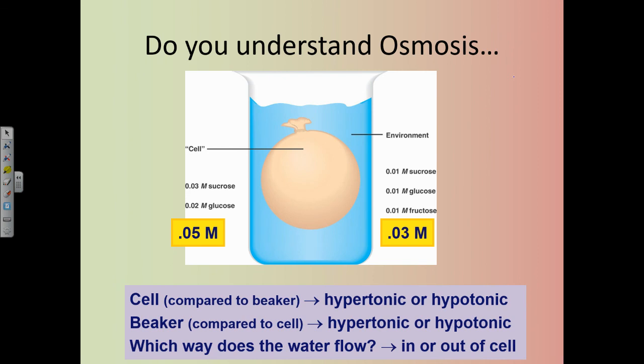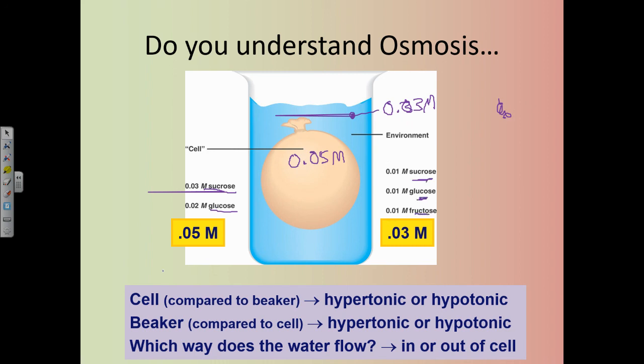So now, just a quick review. We have a cell here, and inside the cell, it's 0.05 molar solution. We have some sucrose in there, some glucose in there, and then out here in the water, it's 0.03 molarity. So we have some sucrose, some glucose, and some fructose.